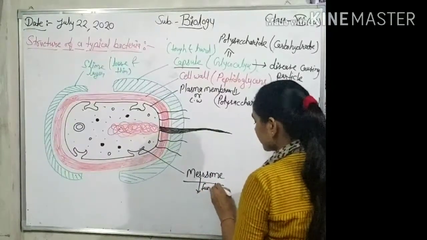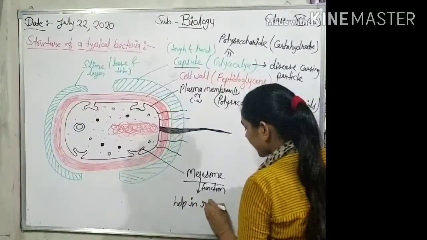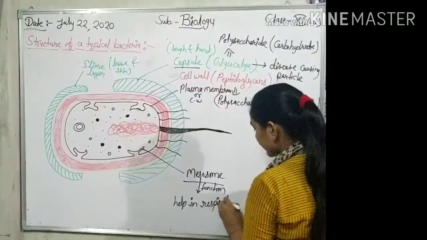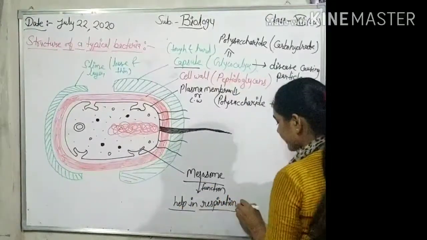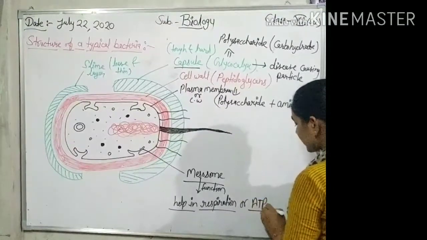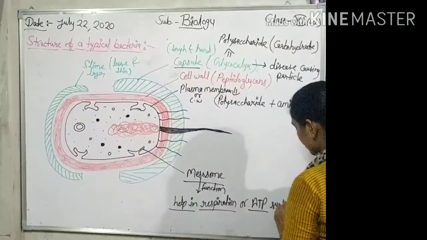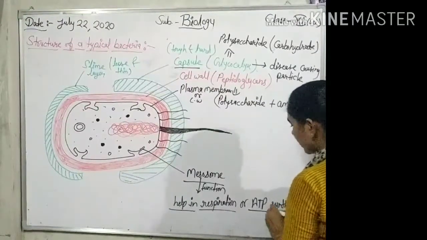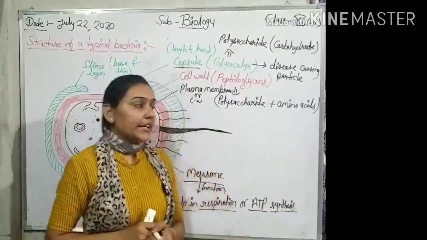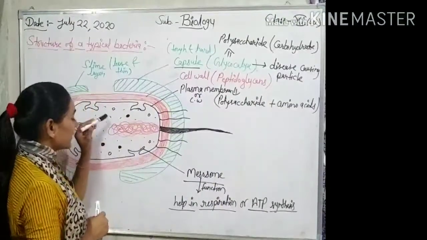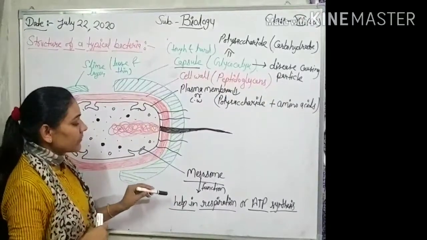Function of mesosome: helps in respiration or ATP, meaning energy synthesis. It is the main function of mesosome. So in bacteria, respiration activity is completed by the cell membrane forming a complex structure which is known as mesosome.